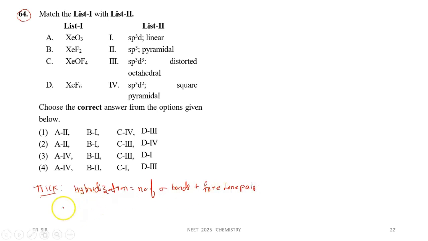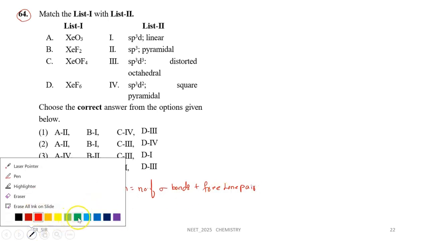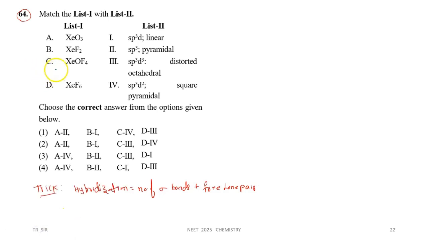This is a very easy trick. For this, we need to draw the structure. If you are able to draw the structure, then we can find any molecule's hybridization very easily. Now let's solve this one. One by one, let me explain very clearly.